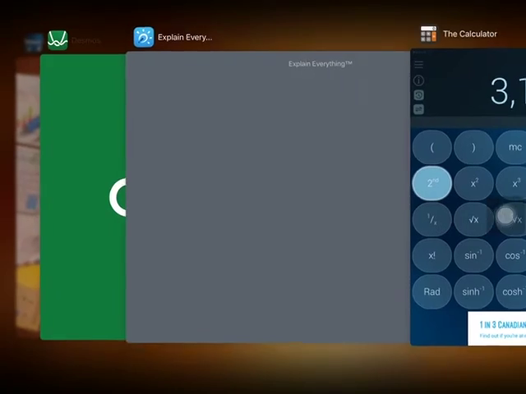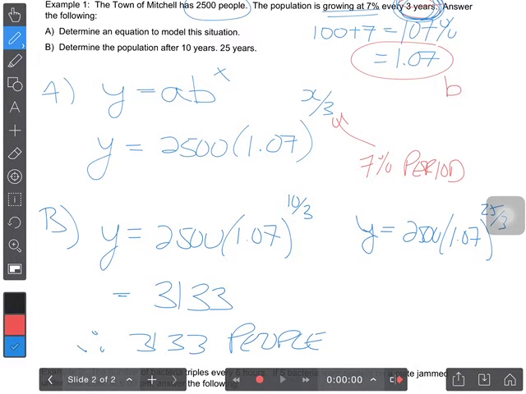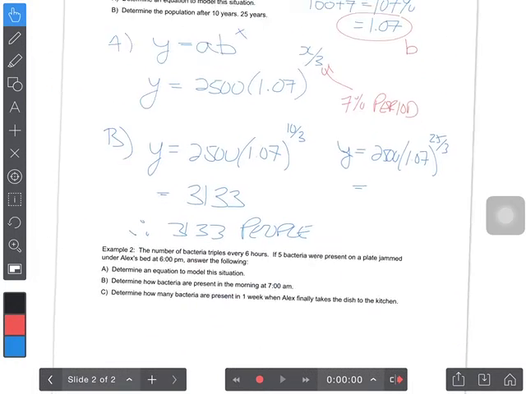You can use whatever rounding direction you go is fine. It's 3,133 people. Okay? Alright. And then you can go ahead and use your calculator for the second example there, but it's just punching it into the calculator.